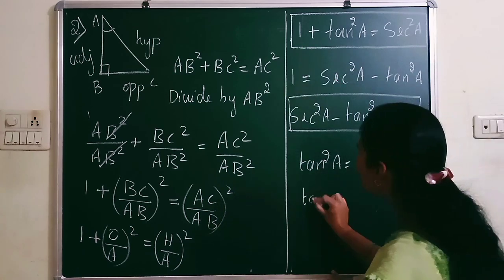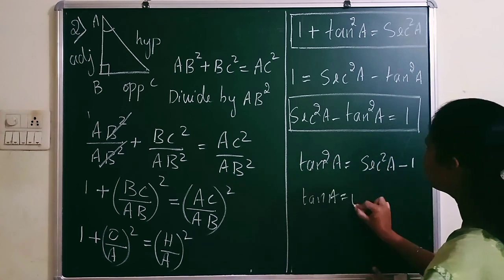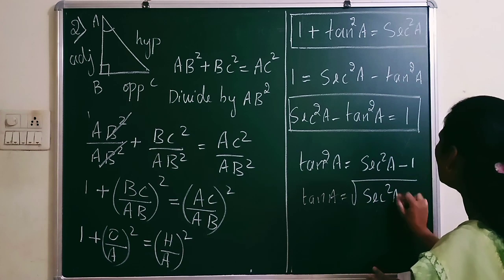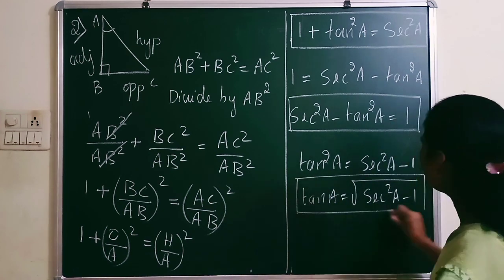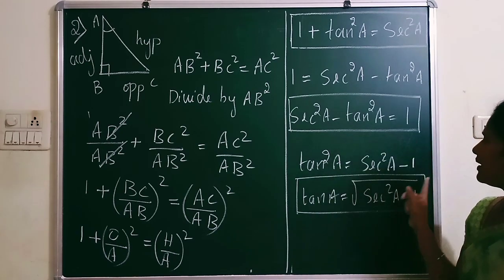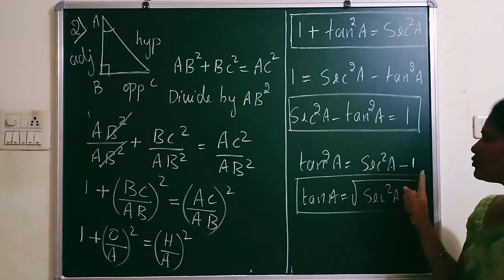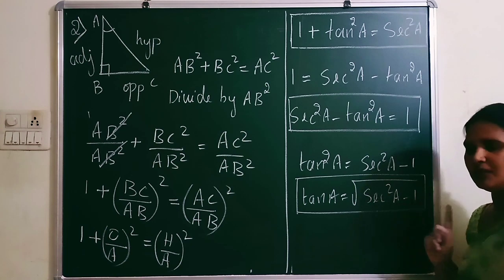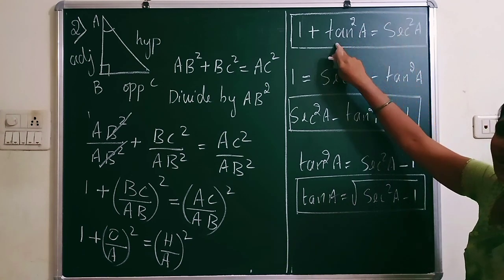So when you send the square here, tan A equals square root of secant square A minus 1. So this is called tan in terms of sec. So we got from here tan square A equal to secant square A minus 1. So tan A equals root of secant square A minus 1. Similarly, you can write one more thing here.